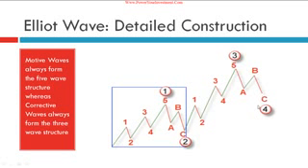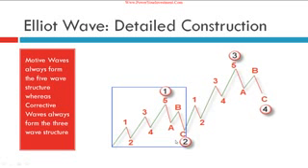Alright? So here I've mentioned that motive waves always form the five-wave structure, whereas corrective waves always form the three-wave structure. If you get this basic concept correct at this stage, then at later stages it's going to help you tremendously. Okay? So what we have seen is that one larger degree wave 1 subdivides into smaller degree 5 waves.